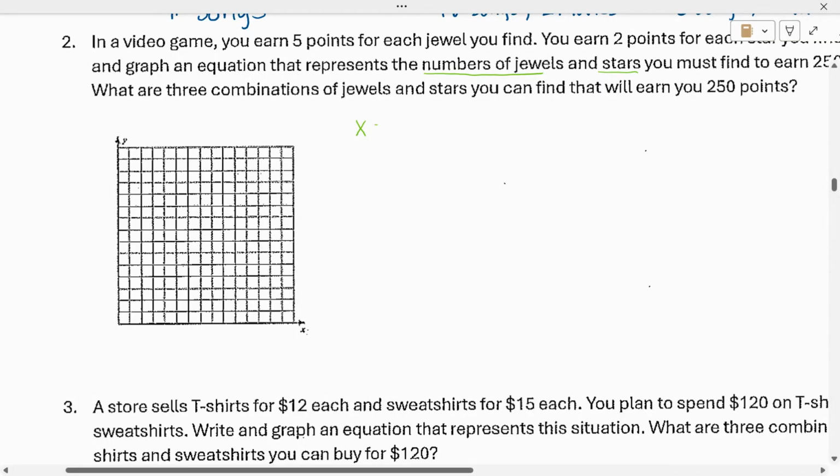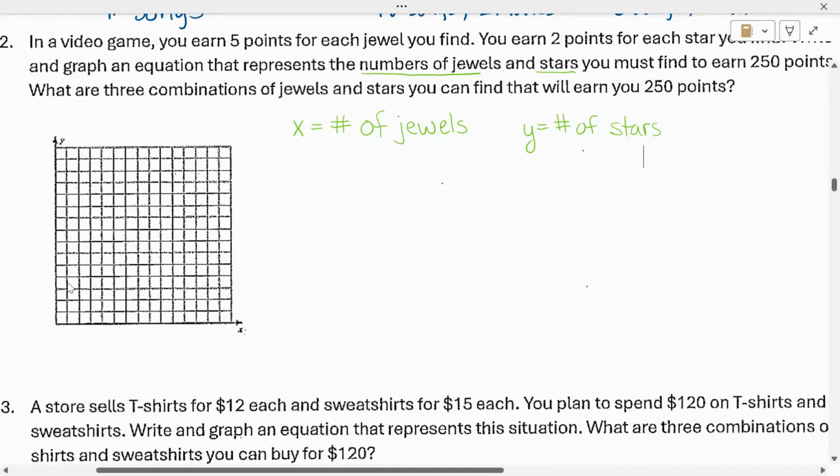So I'm going to let x equal the number of jewels, and I'm going to let y equal the number of stars. Okay. X is the number of jewels and y is the number of stars.